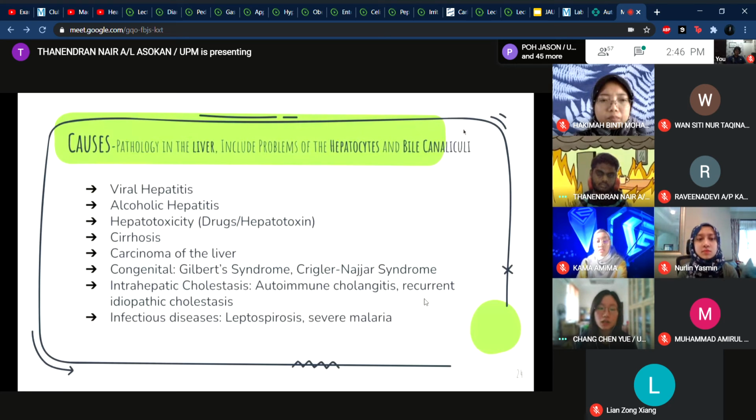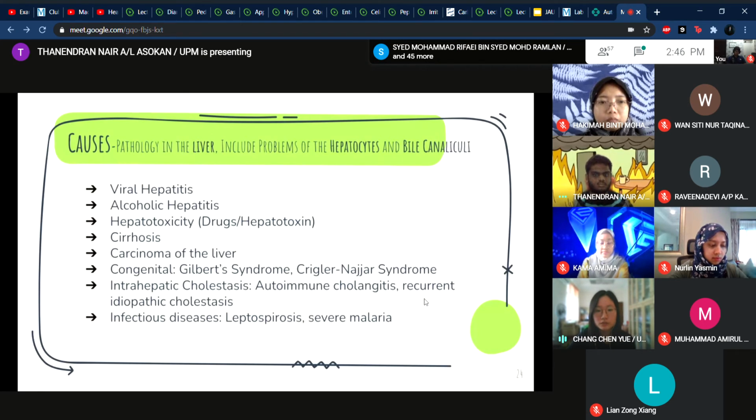So the causes are due to pathology in the liver, including problems of the hepatocyte and also intrahepatic bile canaliculi, for example, viral hepatitis, Hep A, B, C, and so on. And then the most common one will be alcoholic hepatitis, hepatotoxicity caused by drugs or any hepatotoxin, cirrhosis, carcinoma of the liver, and some congenital syndromes such as Gilbert syndrome, which is more common, and Crigler-Najjar syndrome, and also intrahepatic cholestasis such as autoimmune cholangitis, recurrent idiopathic cholestasis, and for infectious disease such as leptospirosis and severe malaria.